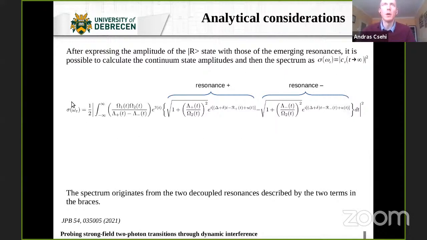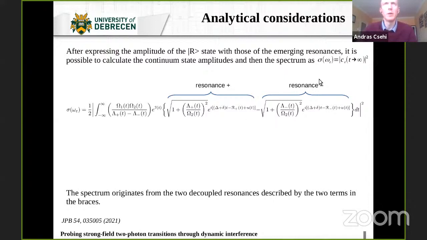This looks maybe a bit ugly at first sight, but if you look closely, then it's simple, because it is the sum of two terms here in the braces, which describe the two resonances, resonance plus and resonance minus. And yes, the interference pattern in the spectrum emerges from these two terms, basically.